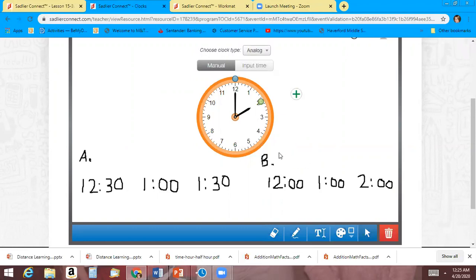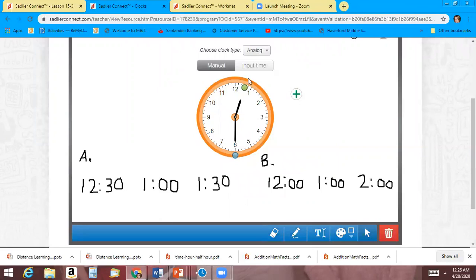But I want to talk about our time on our clock. So first, I'm going to start here on my analog clock. We know that when it's o'clock, the minute hand is on the 12, right? We learned last week that when the minute hand made it around to the 6, our hour hand went halfway between the two numbers to show that the time was half past the hour.